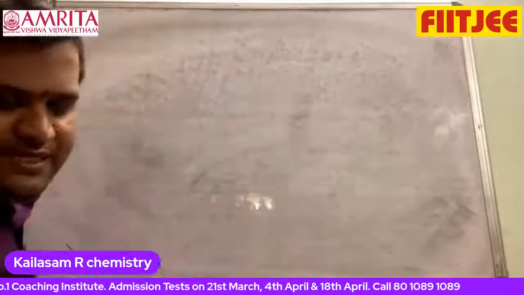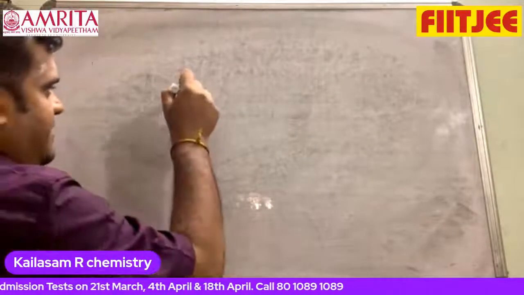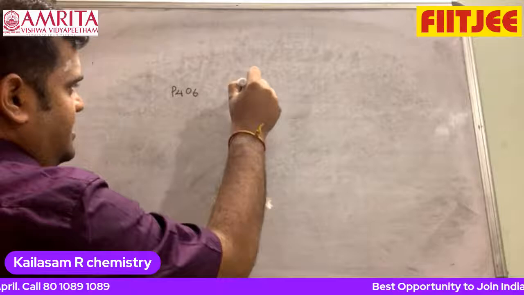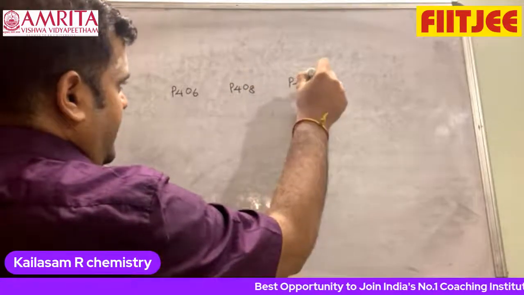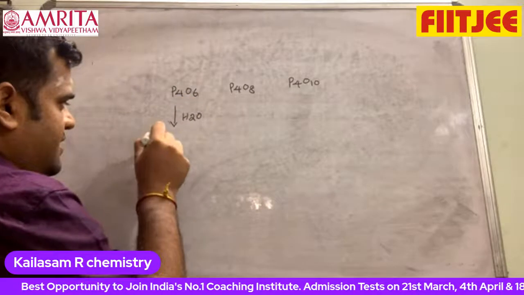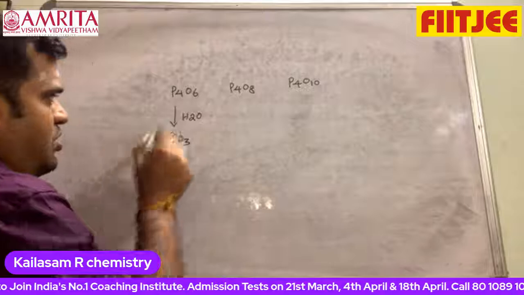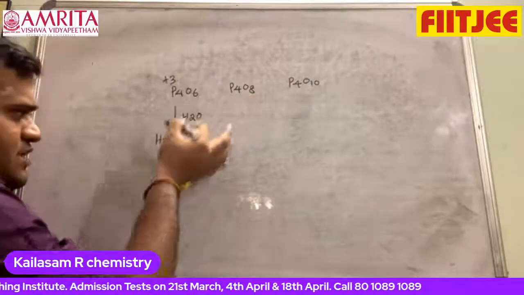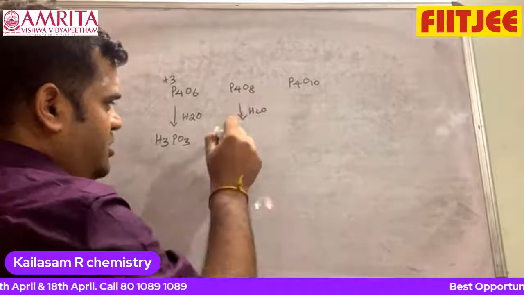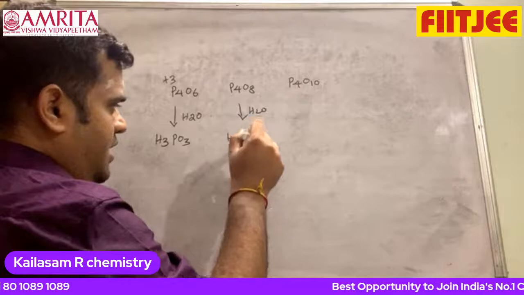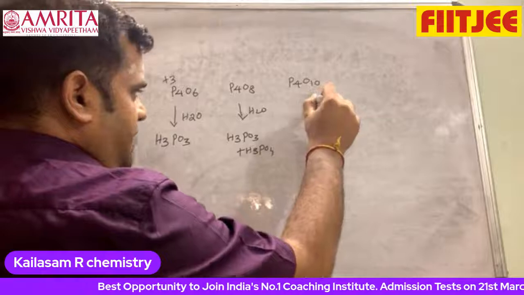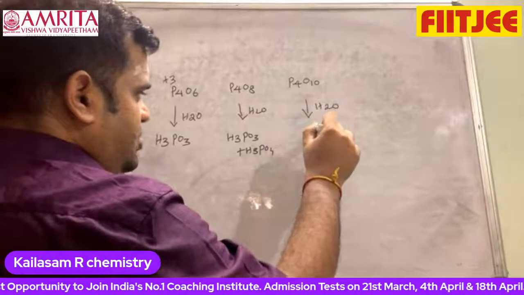Now I am going with P4O6, P4O8, and P4O10. On complete hydrolysis with H2O, P4O6 gives H3PO3, because this is the +3 state, giving the corresponding oxo acid. For P4O8, which is in between, hydrolysis gives H3PO3 plus H3PO4. And P4O10 on complete hydrolysis gives H3PO4.